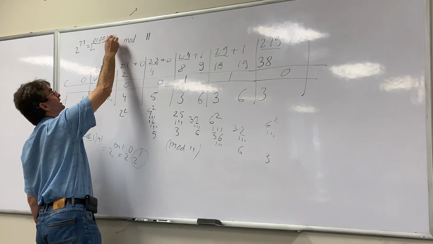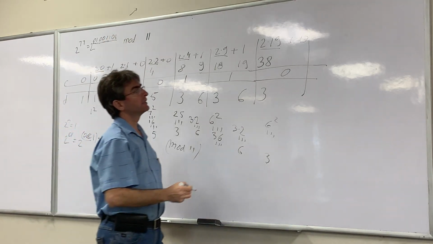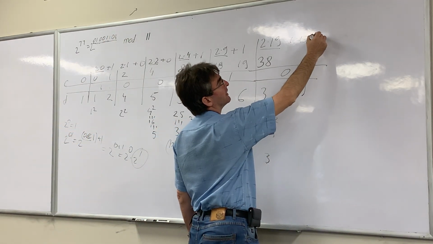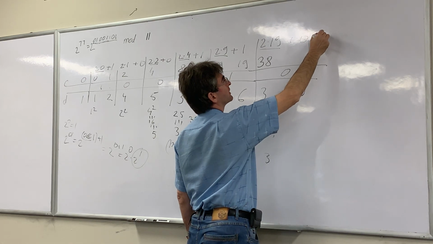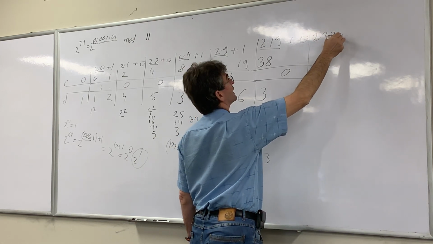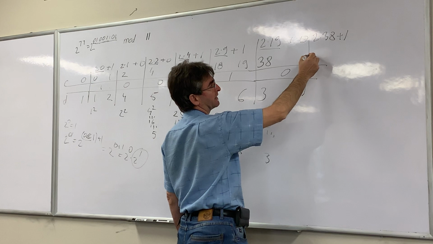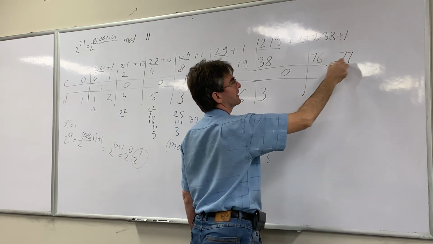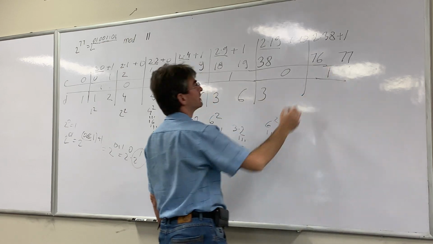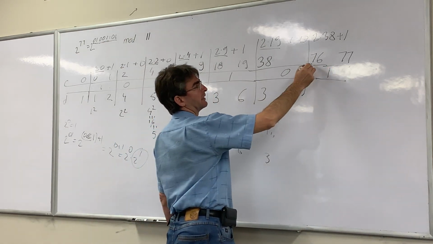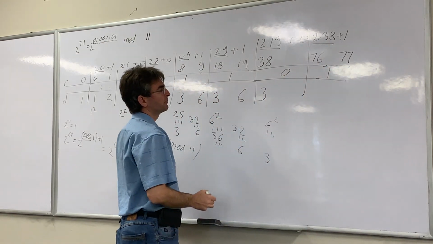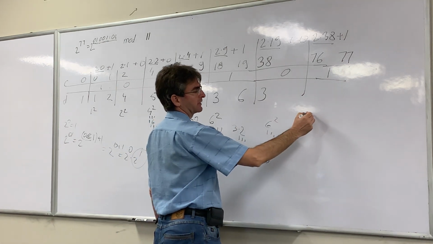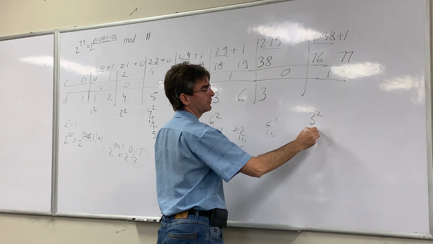And the last extension of the exponent leads to 2 times 38 plus 1. 2 times 38 is 76, plus a 1 makes 77, because the current bit is 1. So doubling of the exponent is again a squaring of the current value, so it's 3 squared, which is 9.